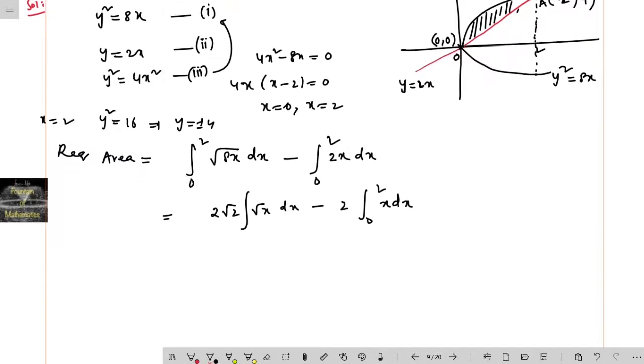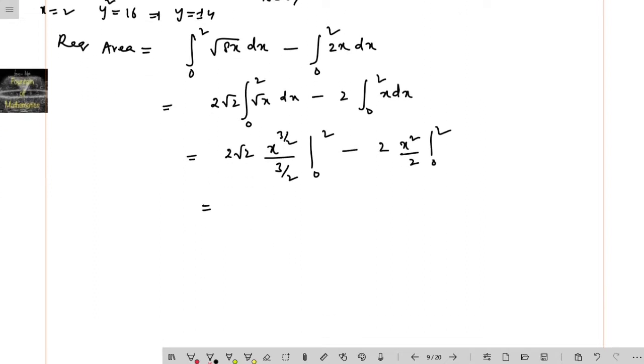By doing integration from 0 to 2, 2√2 times the integral of √x, which is x to the power of 1/2 + 1, that is 3/2, so x^(3/2) divided by 3/2 with the limits 0 to 2, minus 2 times x²/2 from 0 to 2. On simplifying, we get 4√2 into 2^(3/2) minus 0, and again minus 2² minus 0.